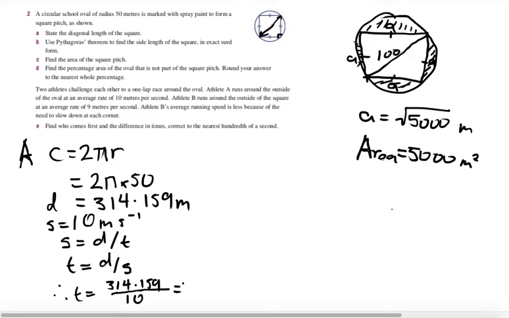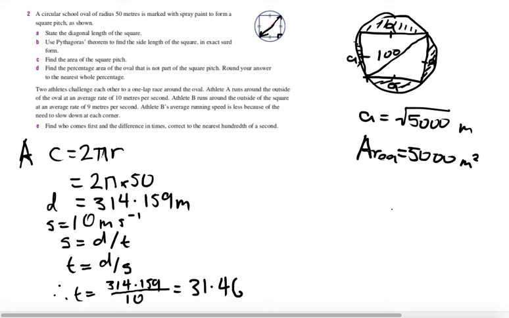So the time is going to be 31.4159 seconds. The question says to the nearest hundredth of a second, so that's the second decimal place. Oh sorry, what have I written?